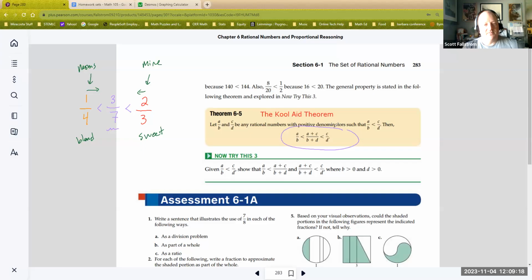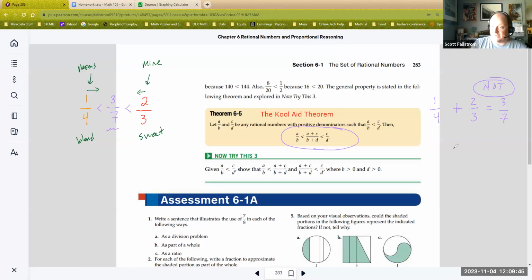And that's what this theorem says. Do not think for a second that I'm telling you that you add fractions and get 3/7. That is not what I'm telling you. What I'm saying is if you're trying to find a fraction between two numbers, you could do it by adding numerators and denominators separately and creating a fraction. I guarantee you it's going to be between them.